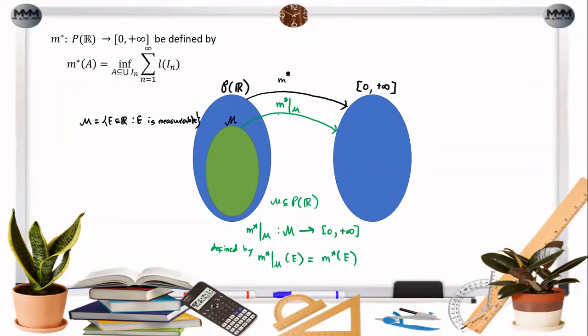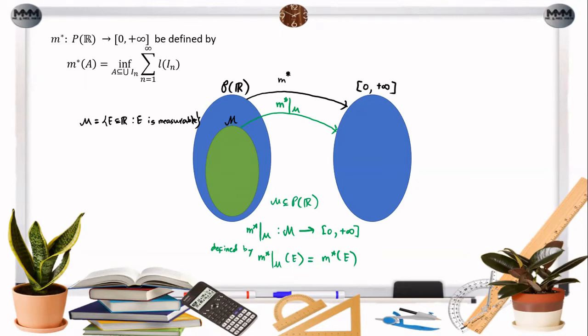Take note, our new function restricted to script M is obtained from m star, wherein we just make the domain smaller. It is restricted only to all measurable sets in script M.